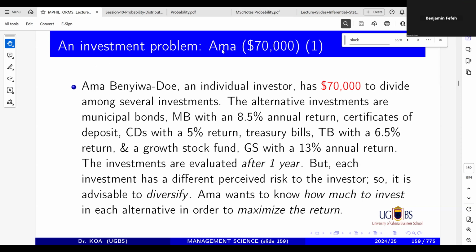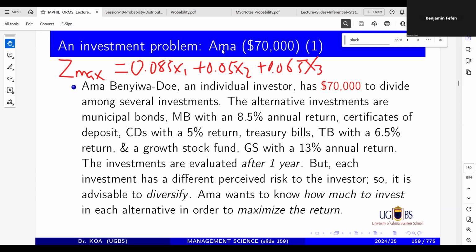So Z max should be equal to 0.085 X1, plus 0.05 X2, plus 0.065 X3, and then plus the last one.